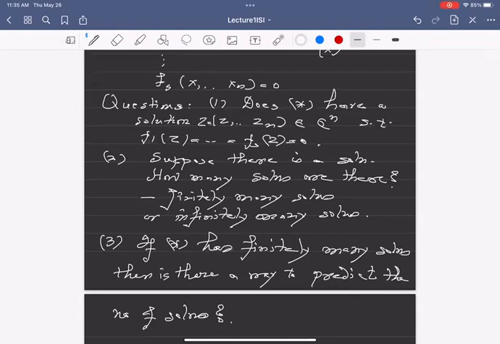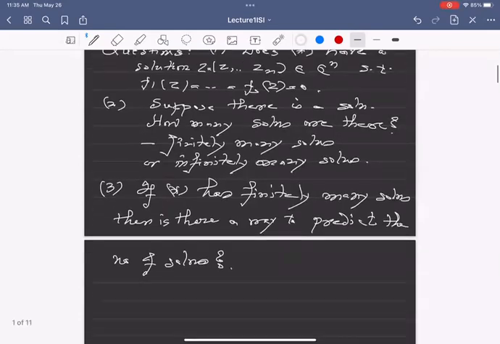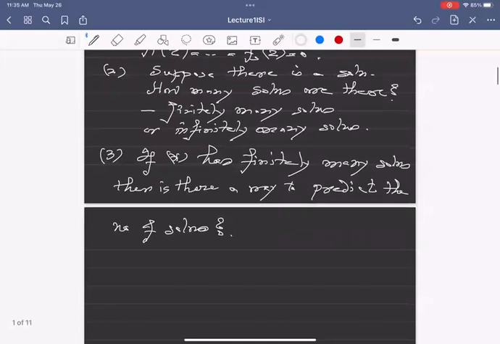You can have any number of solutions. If there is a solution, there can be 100 solutions or a million solutions. So is there a way to predict the number of solutions? And if I know the number of solutions, then how do we construct all solutions?